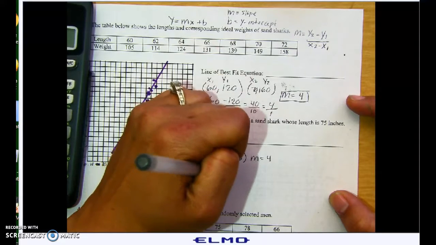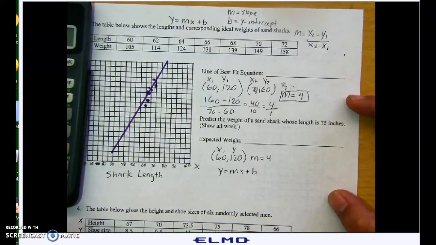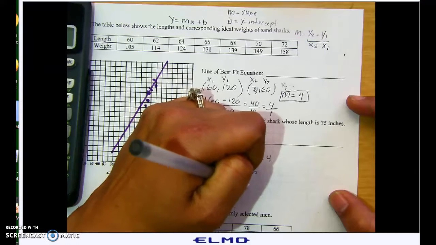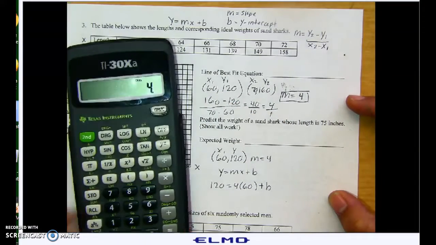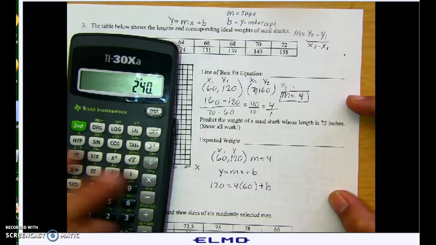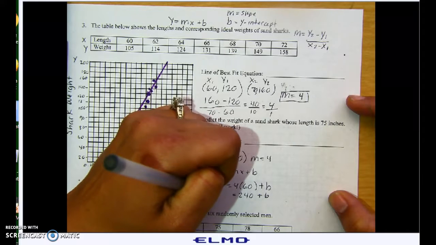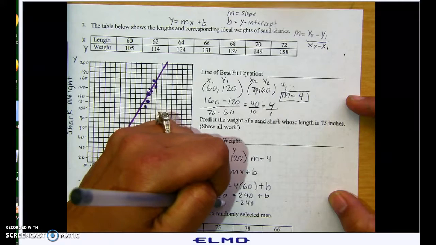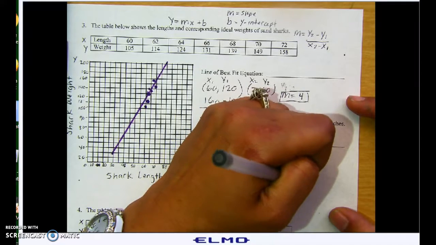I'm going to plug it into y equals mx plus b to solve for b to write the equation. y is 120, m is 4, my x is 60, and I'm solving for b. 4 times 60, my m times my x, is 240. I'm going to subtract 240 from each side, and I'm going to get b equals negative 120.